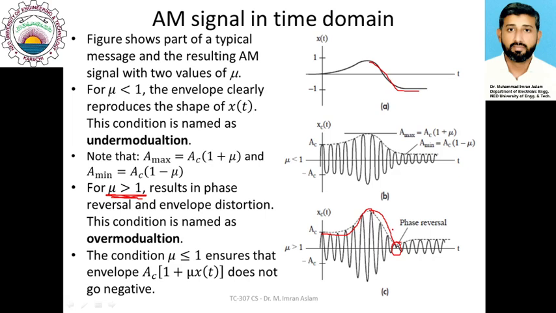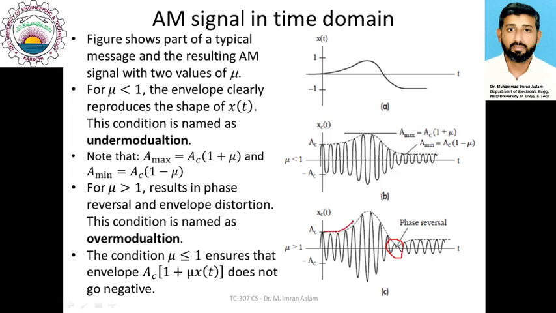So once this waveform crosses the zero line, there will be a phase reversal, and after the phase reversal the envelope would be reverted back with a different phase. So it will not be possible to extract the information through envelope detection.